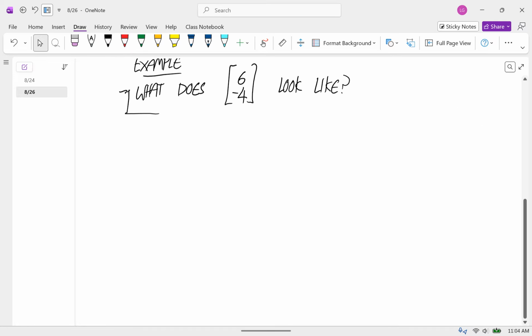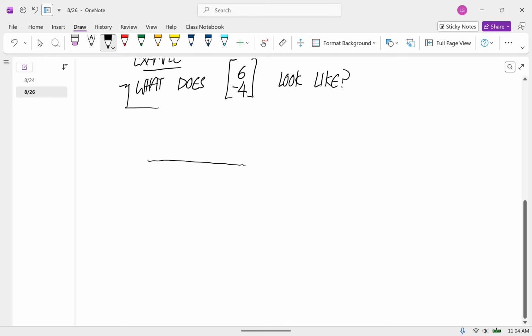Well, if you imagine a vector with its tail at the origin, I'll make this the X and this the Y, then all you're doing is plotting that point. So go out 6 in the positive x, 4 in the negative y. That point is somewhere like that. And so that vector is this. Okay?